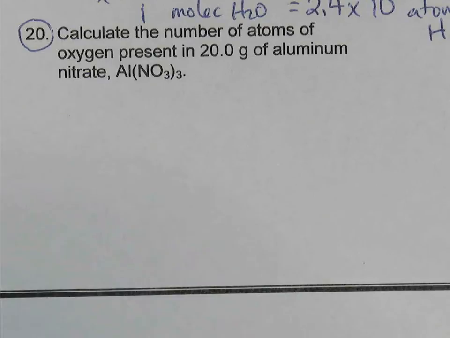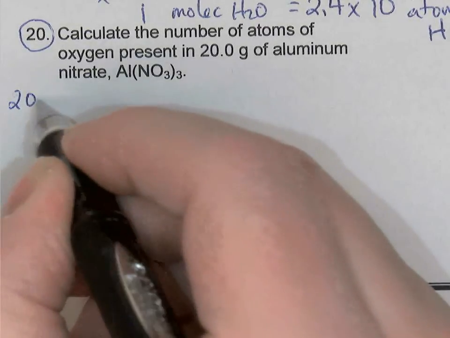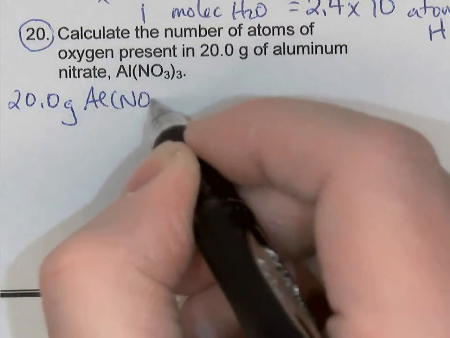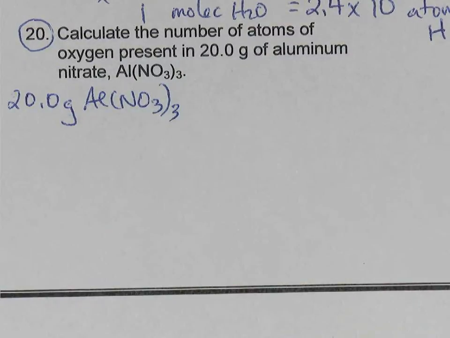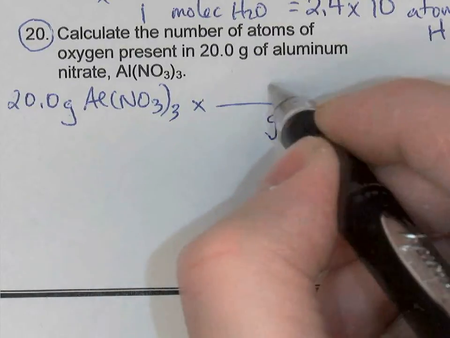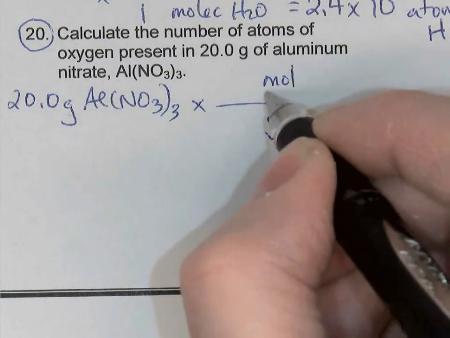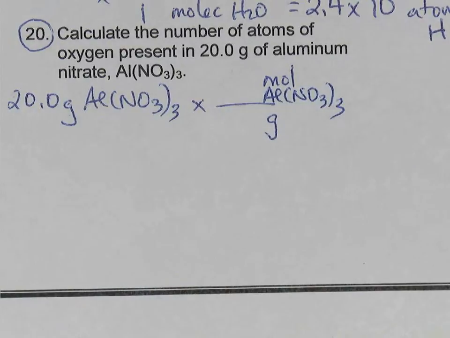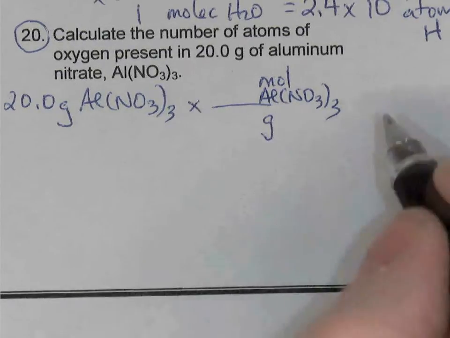So let's jump in and try. So we have 20.0 grams of the aluminum nitrate. What will I convert that into? Well, we'll convert the grams into moles of aluminum nitrate using its molar mass, which we'll get from a periodic table.